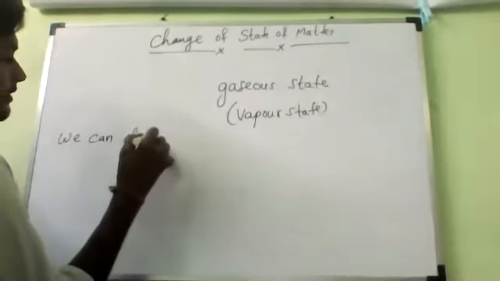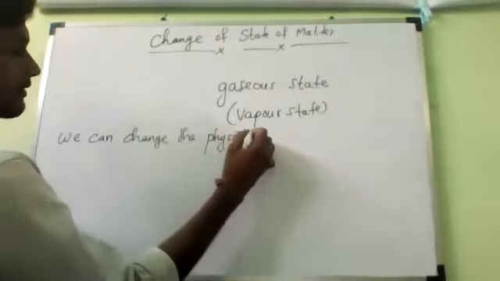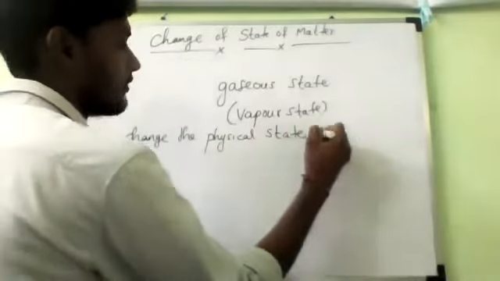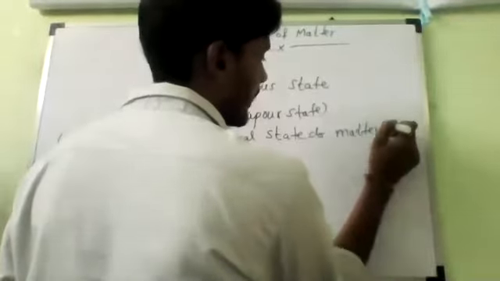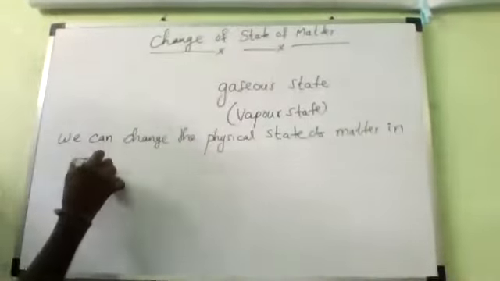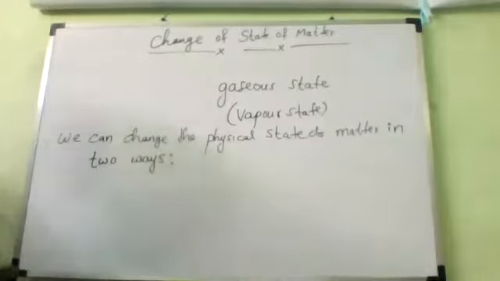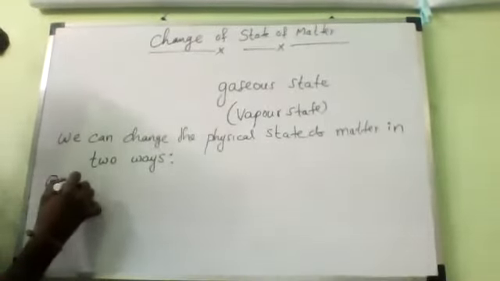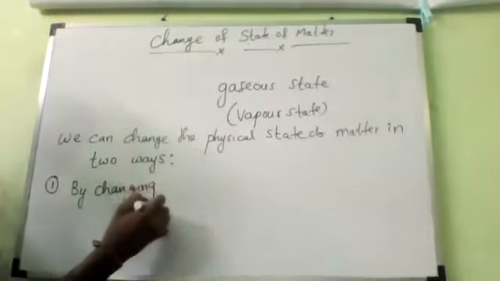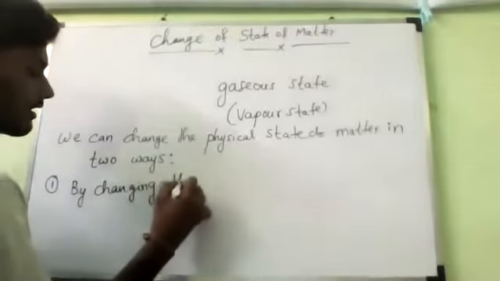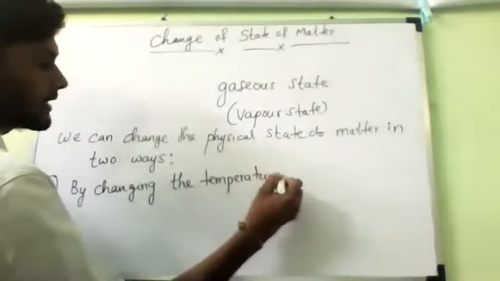We can change the physical state of matter in how many ways? In two ways. What is the first way? By changing the temperature.